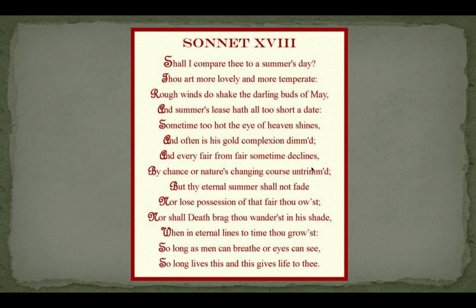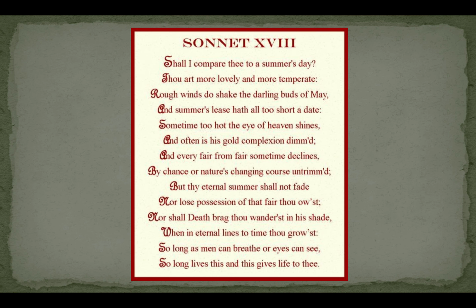We've got more images as we go on, more references to summer, "thy eternal summer." We've got wandering in shade, another reference to sun and the lack thereof. We've got this reference to growing, which is also something that happens in spring and summer. So you're going to see these types of images continued.